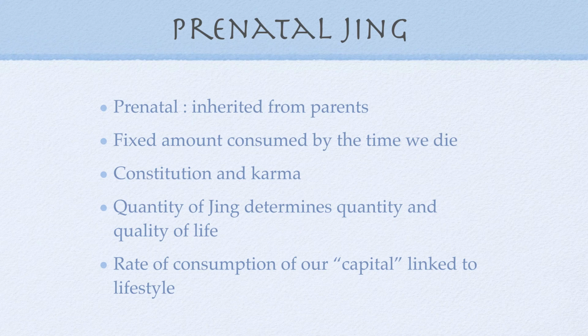And we need to go even further than that. Within that Jing, prenatal Jing, we need to include our racial inheritance, the color of our hair, the color of our eyes, of our skin, and it goes way back.